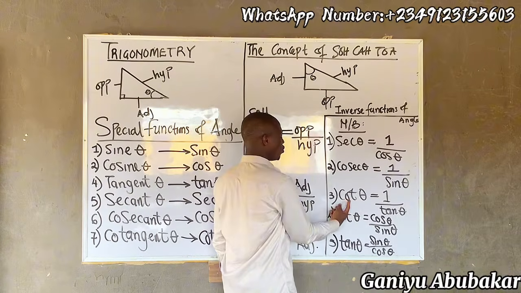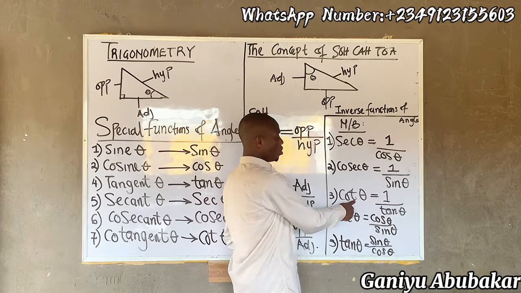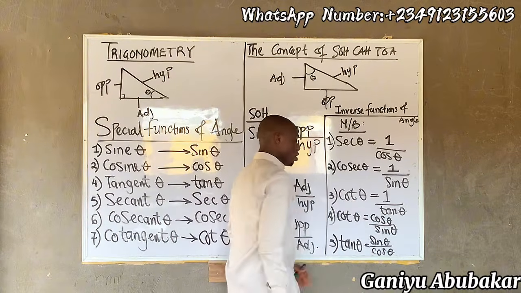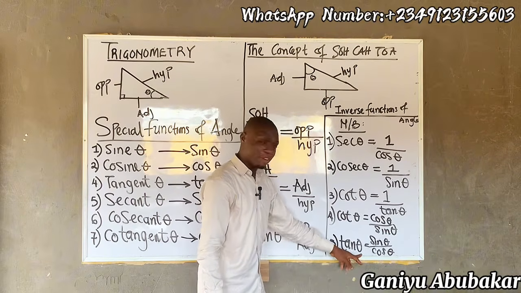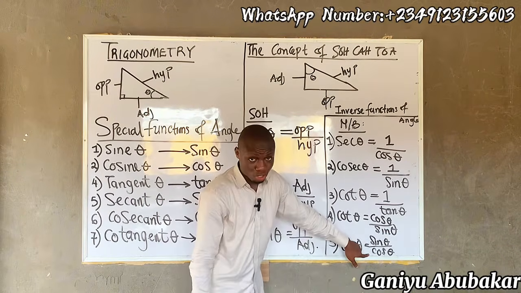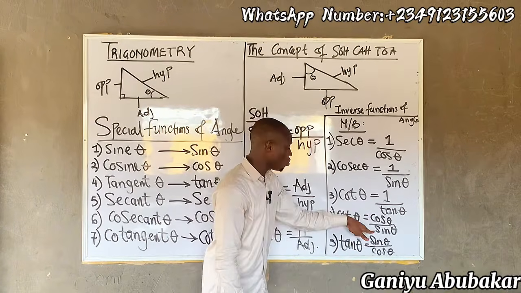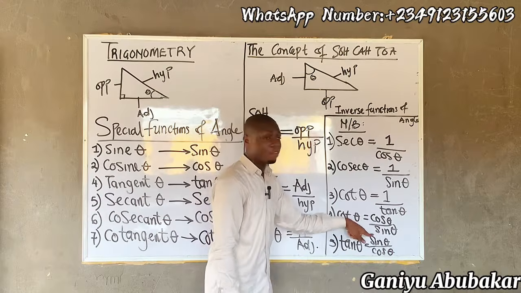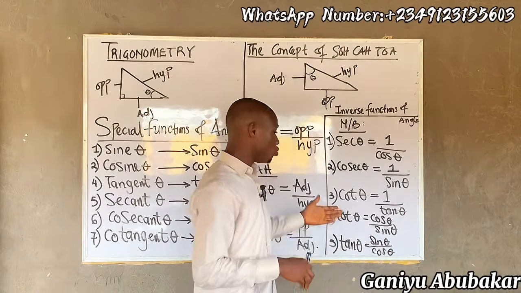Count this one 1, 2, 3 for cot: C, a T. That's tan. This signifies 1 over tan theta. Now, tan theta is sine before cos. Cot theta is cos before sine. These are very important in the study of trigonometry.